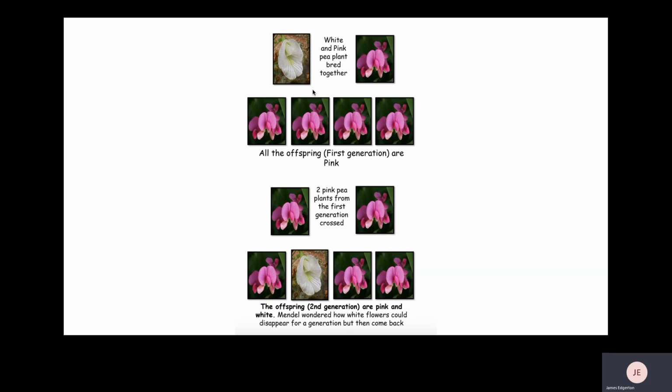He figured this out using pea plants, which were nice test subjects because they grew quickly and had simple features. Mendel noticed that when you pollinate different flowers together, you get different outcomes from mixing and matching.